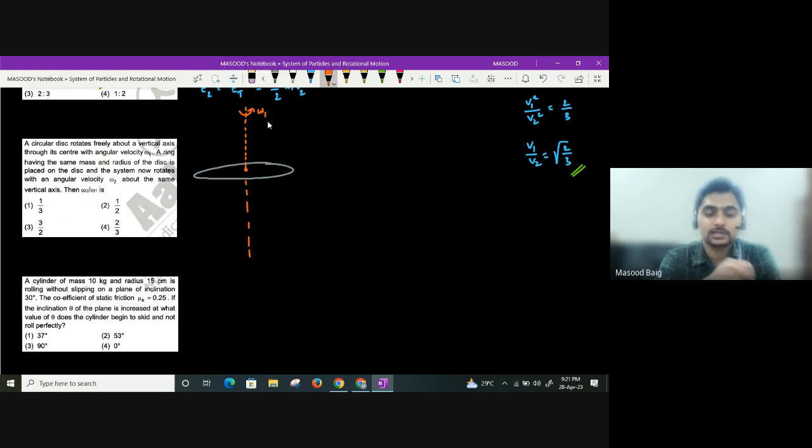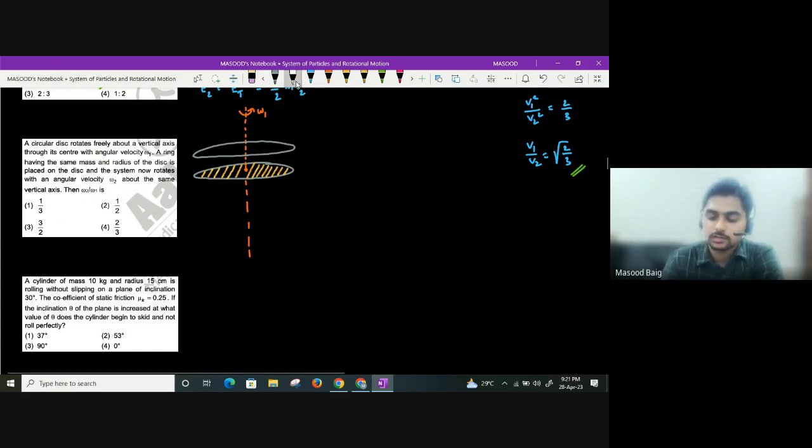A ring having the same mass and radius as that of the disk is now placed on the disk. Now the system is rotating with a new angular speed omega 2. What is the relation they are asking?